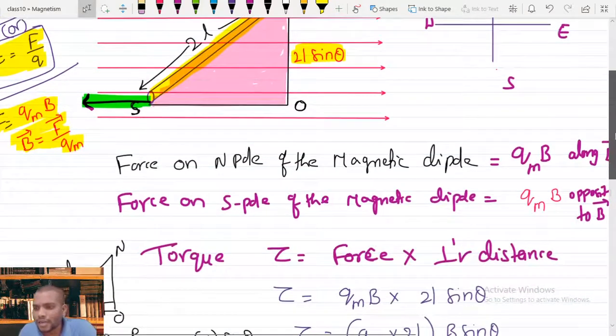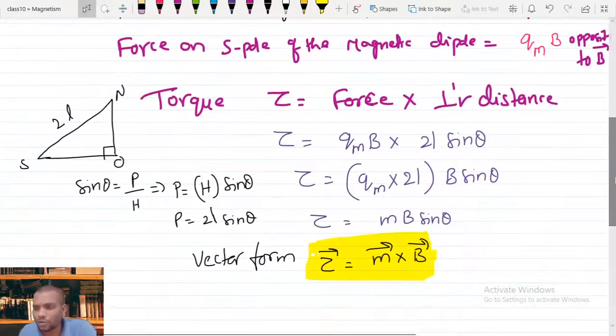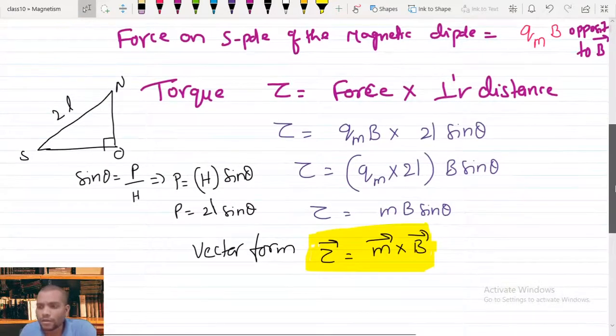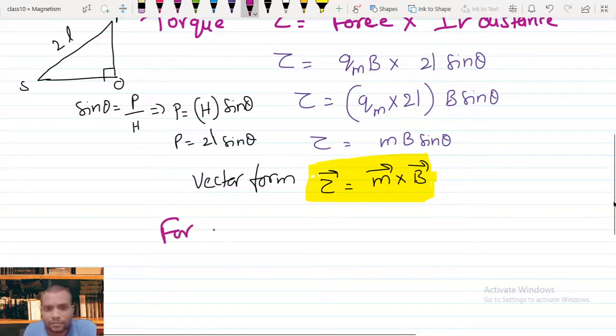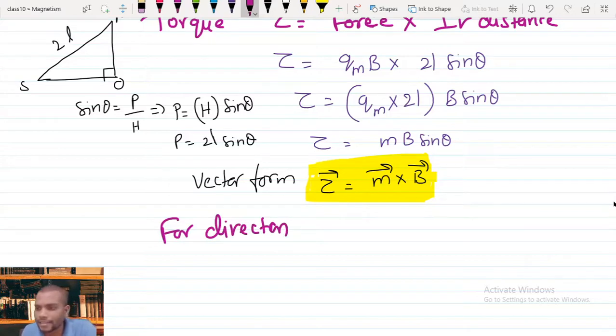For that you can apply the right hand screw rule. Since all three are mutually perpendicular, for direction apply the right hand screw rule.